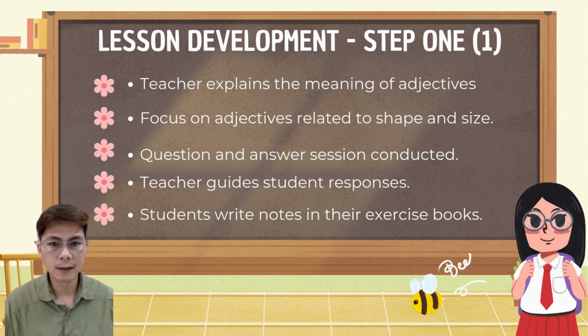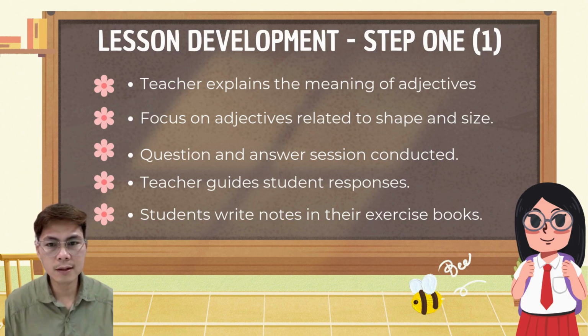For example, the teacher may show pictures of objects and ask questions like, is this big or small, or is this round or long? This helps students relate the adjectives to real objects.